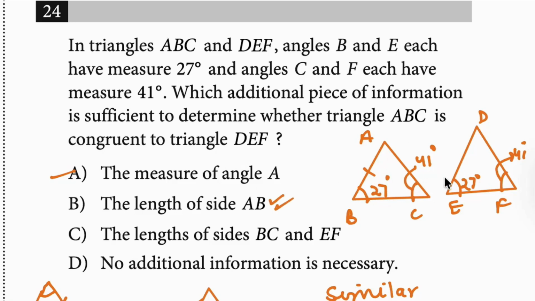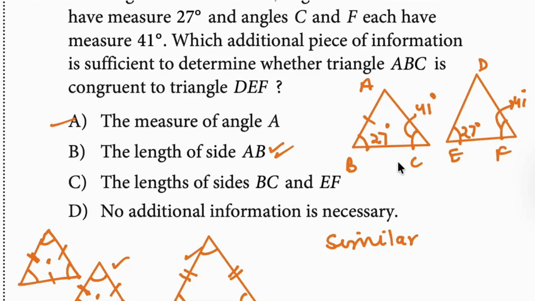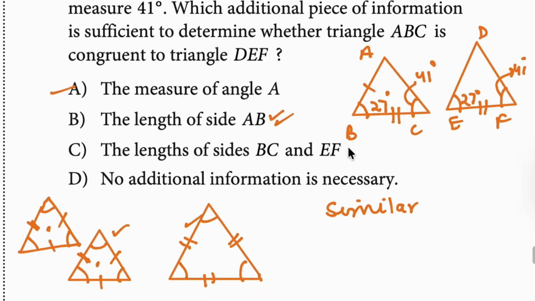We have to consider both, one side at least. The length of BC is equal. Okay, now it makes sense because these two sides are equal. Two triangles are considered. So if you prove this side equal, along with the angles, then if one side and two angles are given, it can be the congruent condition. So C is the right option.